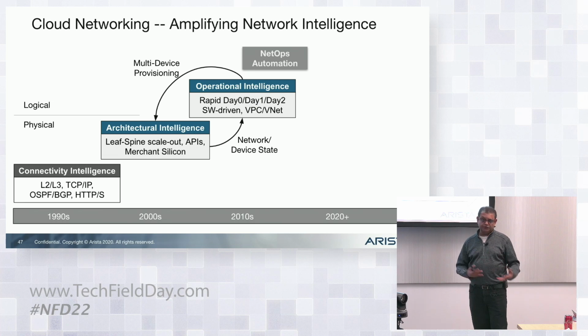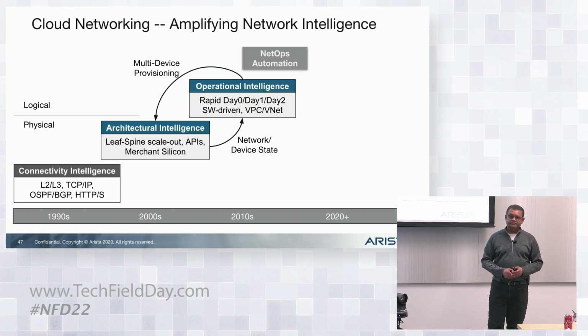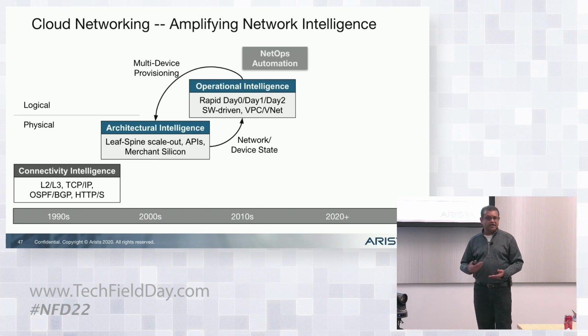And it's a feedback loop. So it's not just that I'm provisioning something, but I'm making a change. I'm learning from that change. I'm understanding that change. And I may have to recalibrate. And for example, upgrade is a great example. If I were to apply the upgrade and there's an issue, I need to roll back.